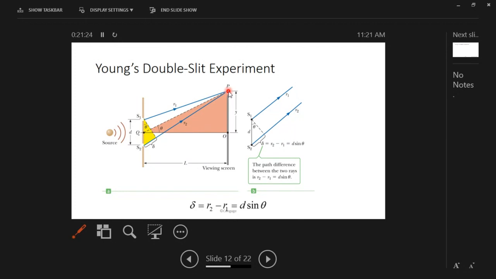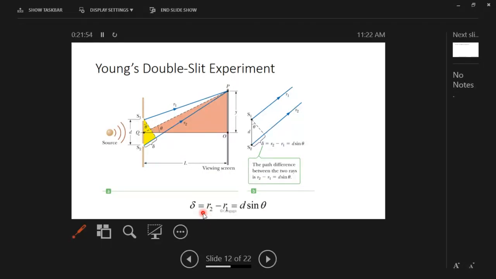You connect this point to the center, the midpoint between S1 and S2. So you connect P to this point, you find this angle theta, and then you also know what d is. So if you calculate d sine theta, that is going to be the path difference between these two light rays coming together at P. So that's one important formula that we have.